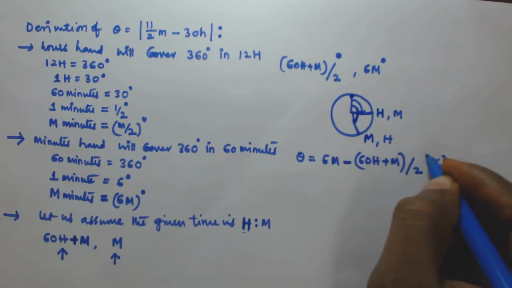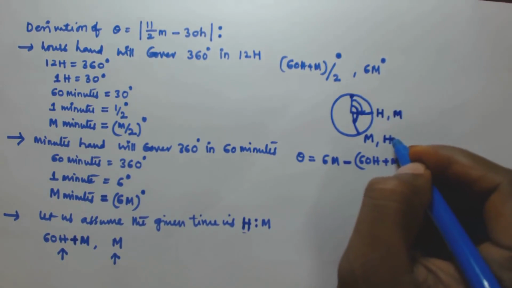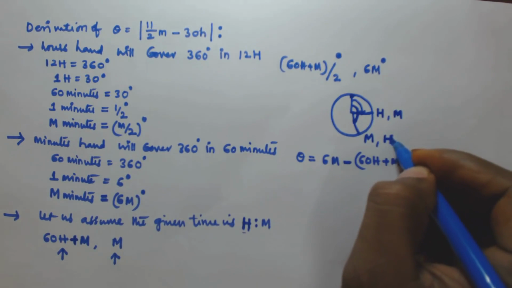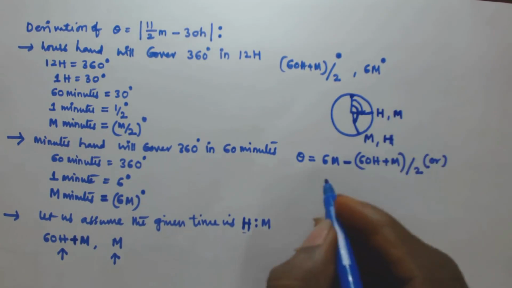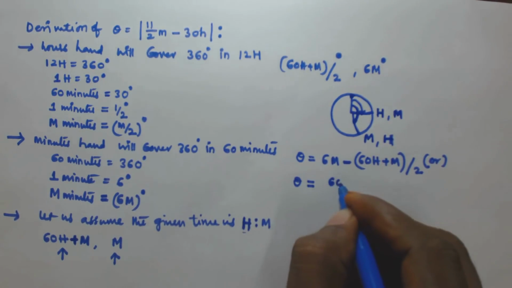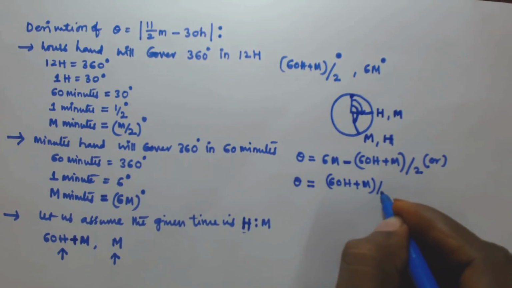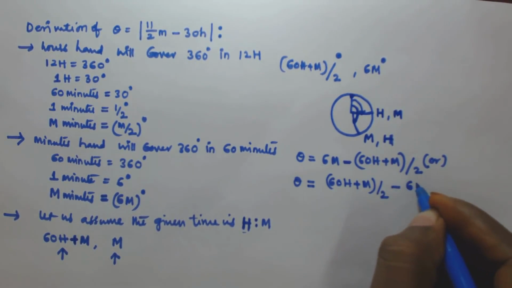or if the minutes hand is here and the hours hand is here, in that case the hour hand is making more angle than the minutes hand, so the angle difference is going to be equal to (60h plus m) by 2 minus 6m degrees.